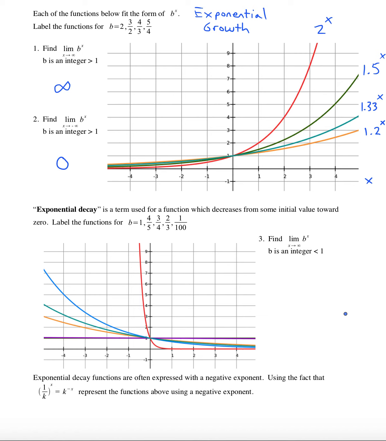All right, so let's go ahead and try to label these. What are the bases that are involved? There's 1, 0.8, 0.75, 0.66, and 0.01. All right, well, when the base is 1, 1 to the anything is itself, so the horizontal one is actually the function 1 to the x.